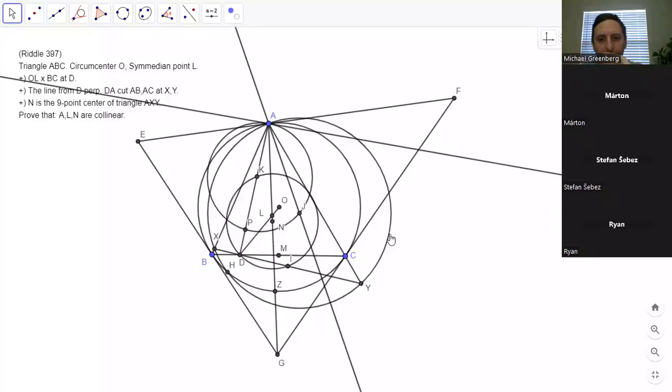So J is the center of this circle. Maybe we could project onto this circle somehow. AP would go to the reflection of P over XY. So AP and AJ would go to two points that are parallel to XY. Is this line parallel to XY? Let's see.